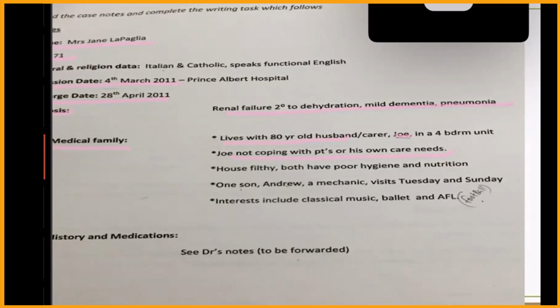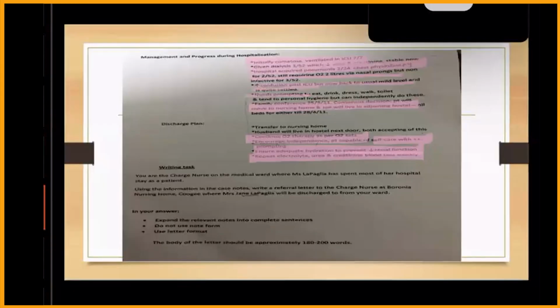Who are the two? One is his own needs and the next is the wife's needs, isn't it? So Miss La Pagela lives with her 80-year-old husband who finds it difficult to take care of their needs. Then you can say the conclusion.